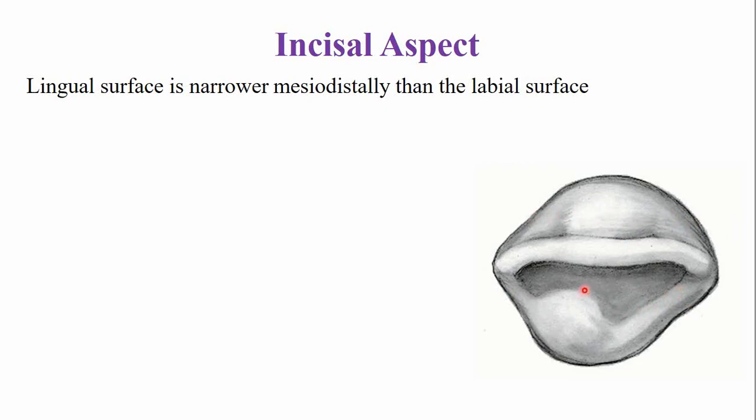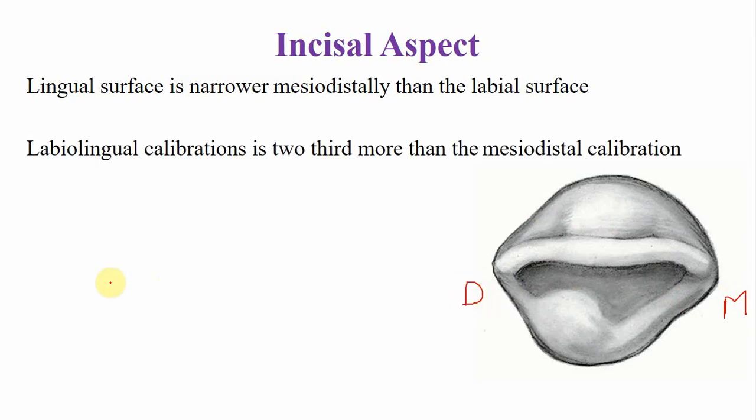So the crown tapers lingually. Now the labiolingual measurement: this is the labial side and this is the lingual side. The labiolingual width of the crown is greater than the mesiodistal dimension.